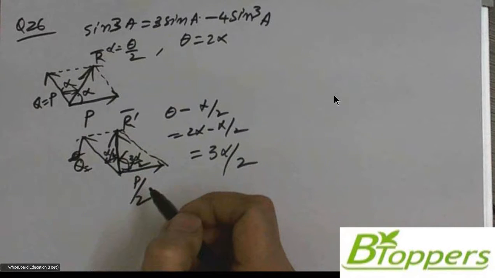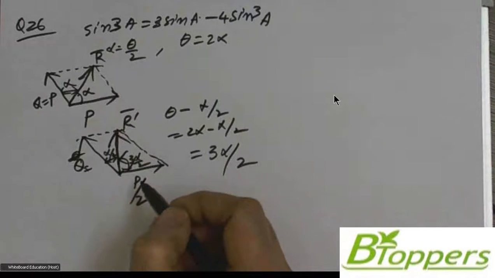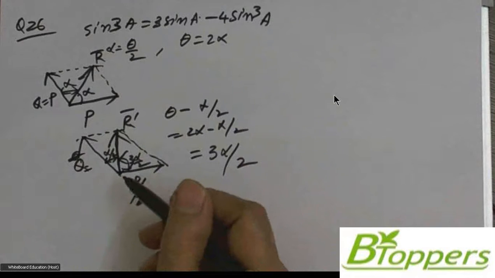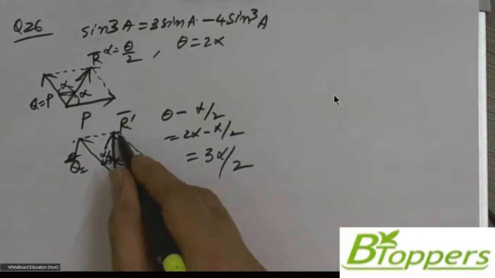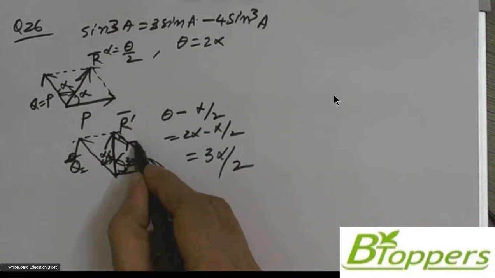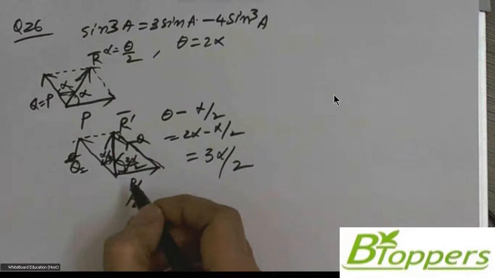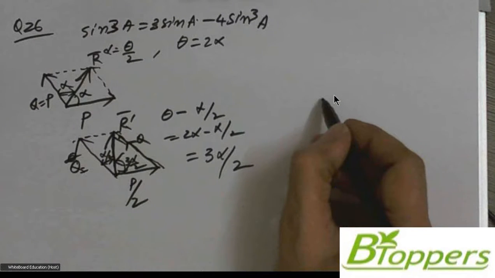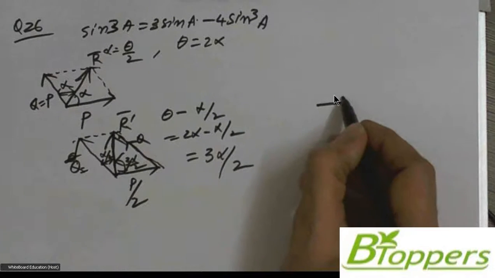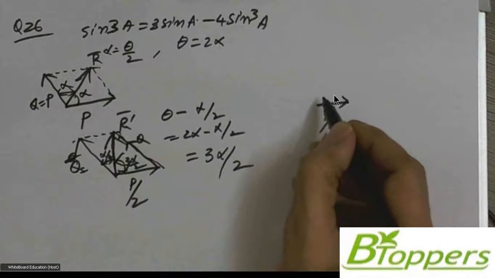So you can apply the sine rule. If you show the forces again more clearly, this is Q here, and I show the same diagram again. This is P by 2.